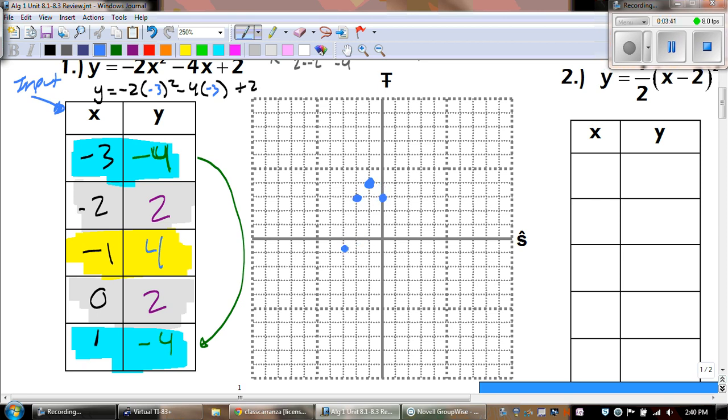And then we have -3, -4, and 1, -4. So when we draw our parabola, remember we want that to be smooth. Okay, and the axis of symmetry is the line that cuts the graph in half.